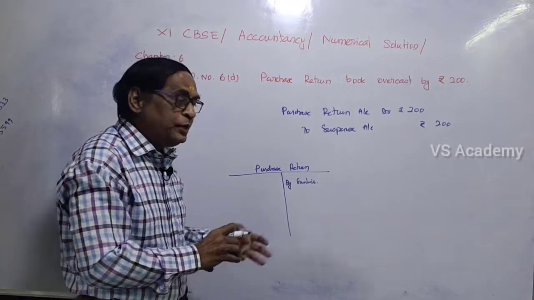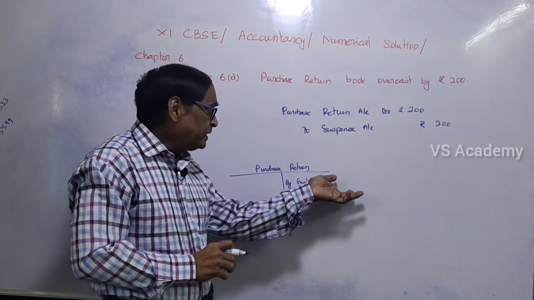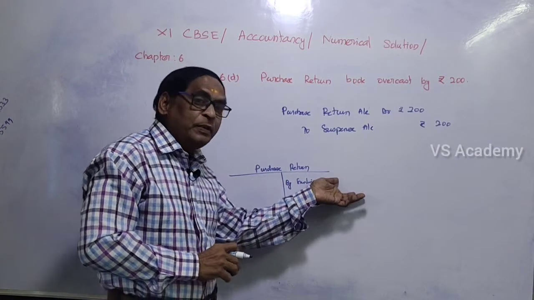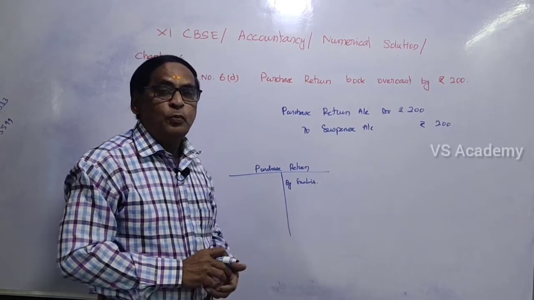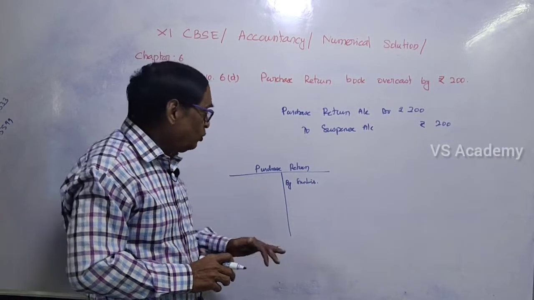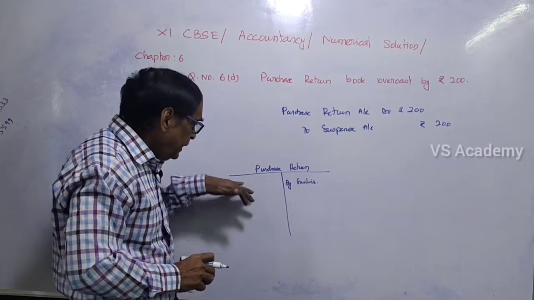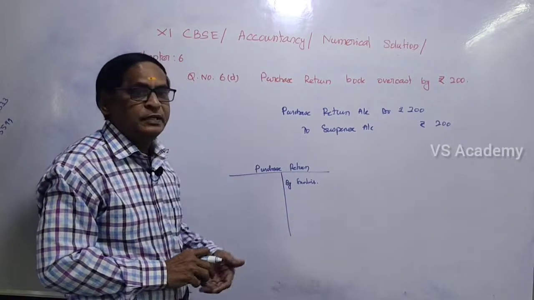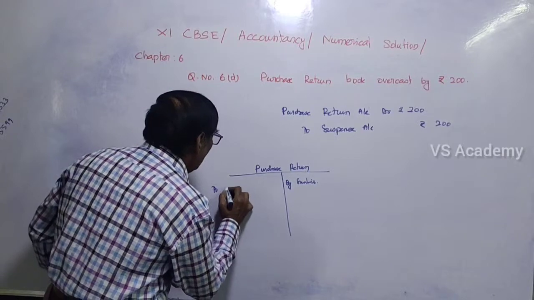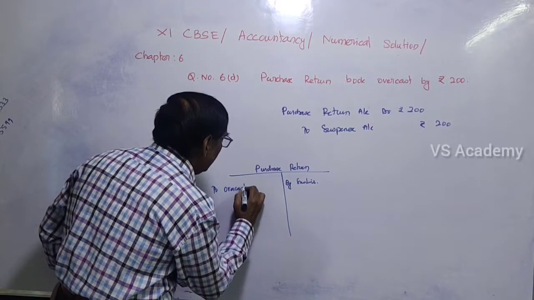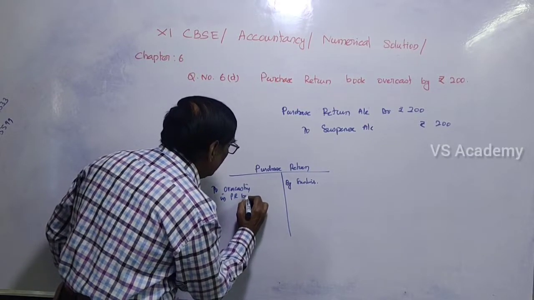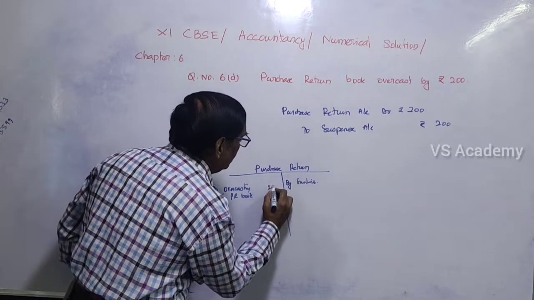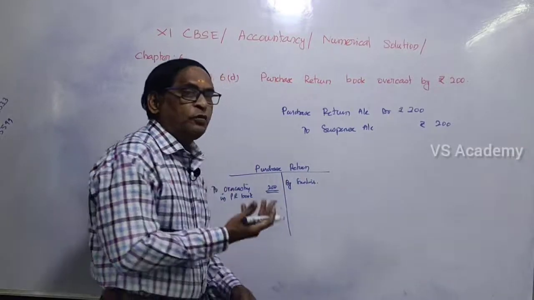But we have shown excess credit, excess 200 rupees, so it must be cancelled. In order to cancel, we pass a rectification entry: one more entry in the debit side of the purchase return account to overcasting in purchase return book, 200 rupees. Now it will be tallied.